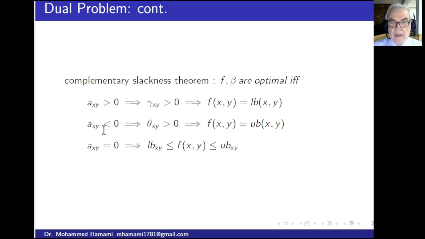Same thing with a of xy negative implies theta is strictly positive, and f is equal to the upper bound. And then when a is 0, then f is just between the two. So this is the necessary and sufficient condition for any circulation and a set of dual numbers to be both of them optimal. Okay, and we're going to use this. This is the basis of this out-of-kilter algorithm.